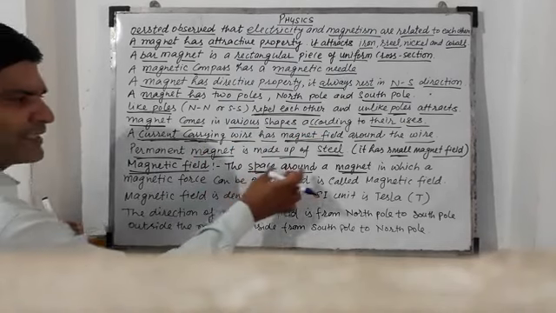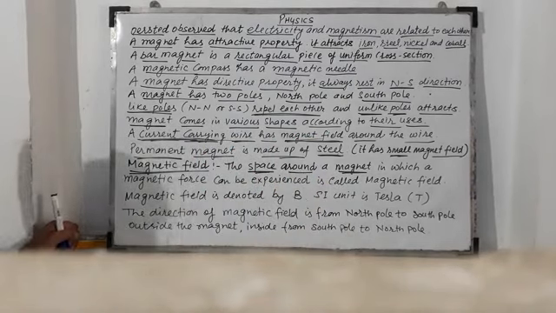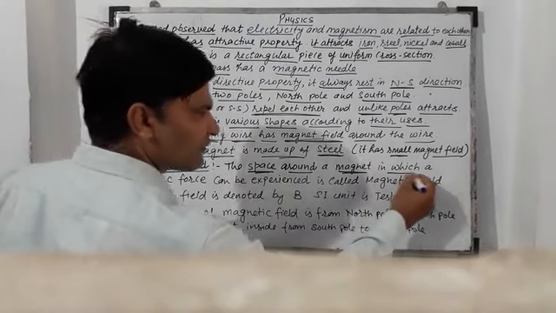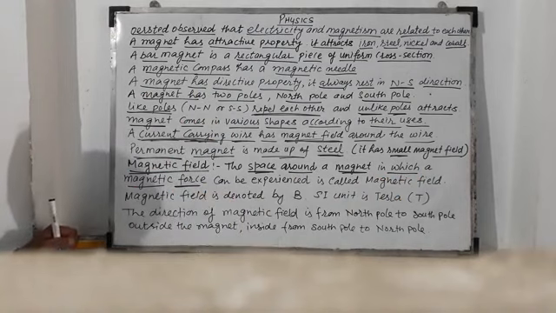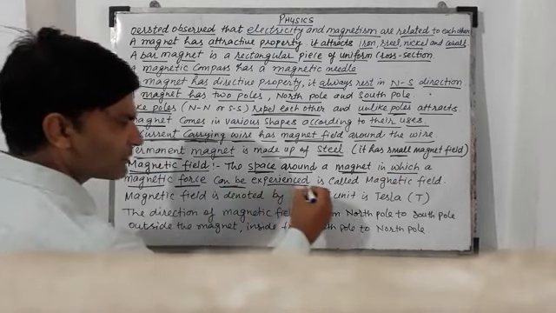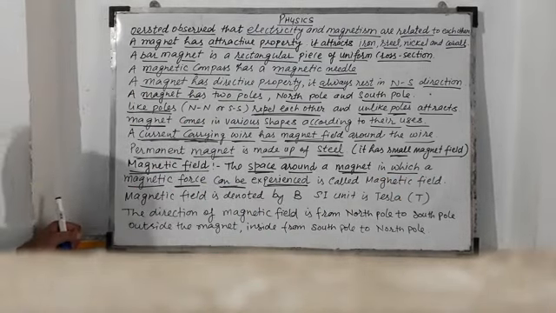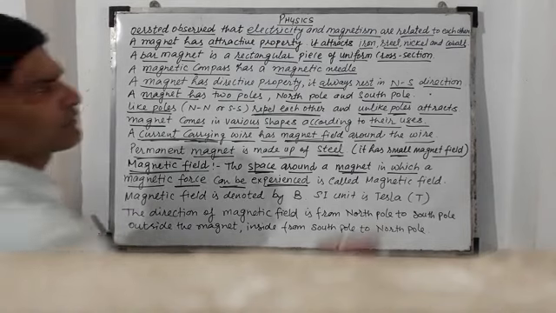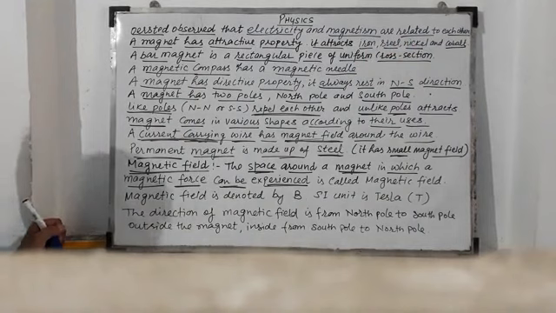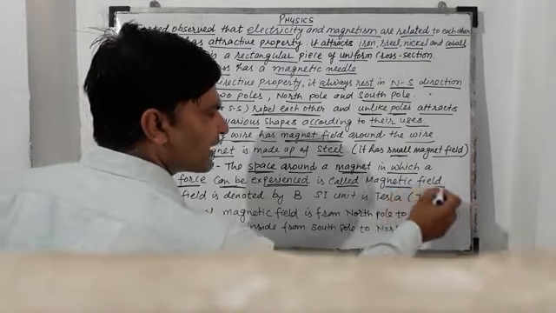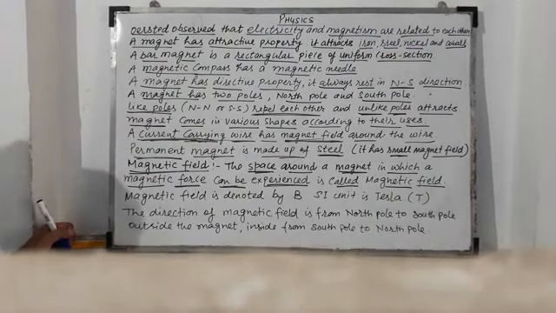So the space around a magnet or current carrying wire in which a magnetic force can be experienced by magnetic materials, for example iron, steel, nickel, cobalt, is called magnetic field.